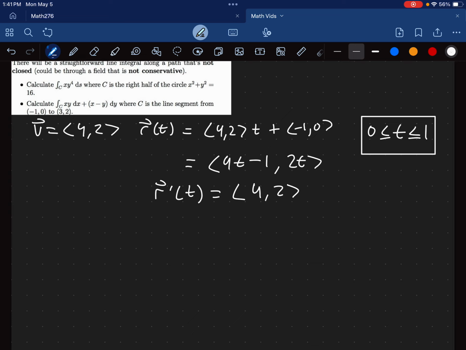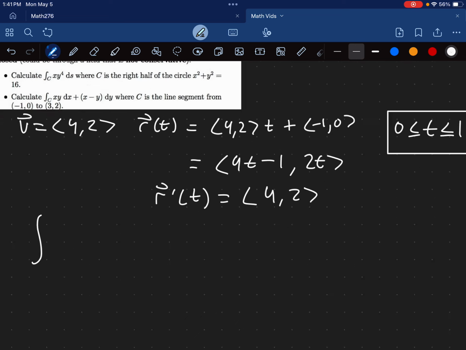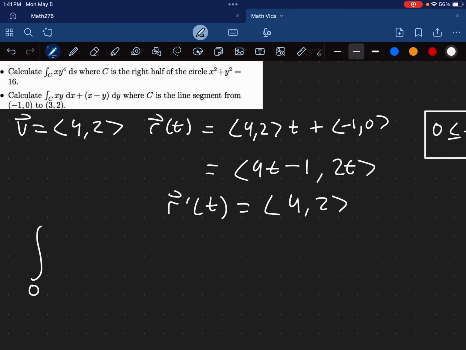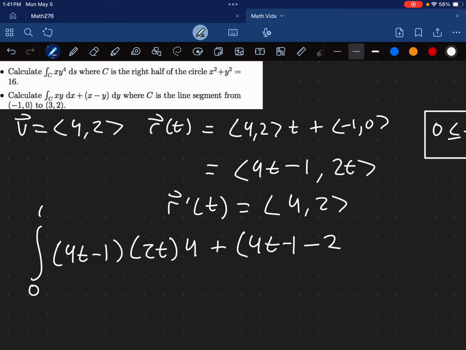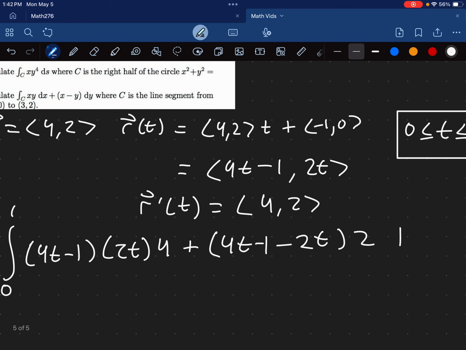Okay, so it's the integral from 0 up to 1. And our x is 4t minus 1, and our y is 2t. And now we need to multiply it by our dx, which is 4. And now plus 4t minus 1 minus 2t times 2 dt.